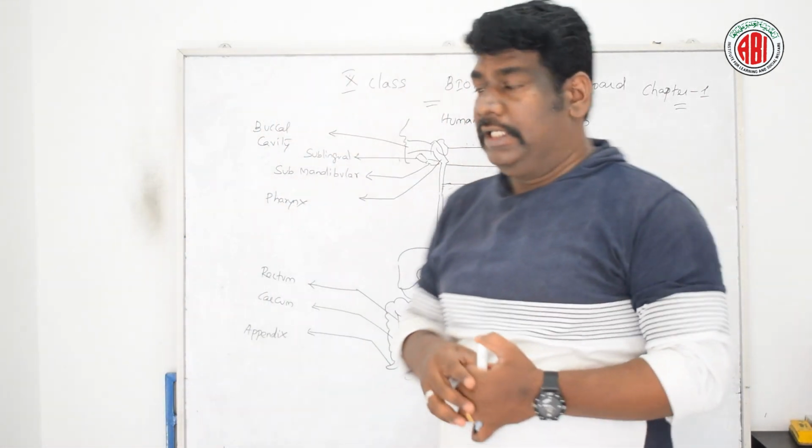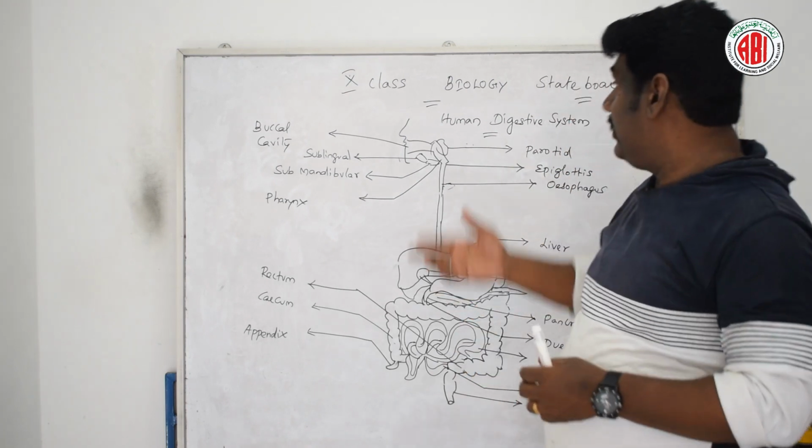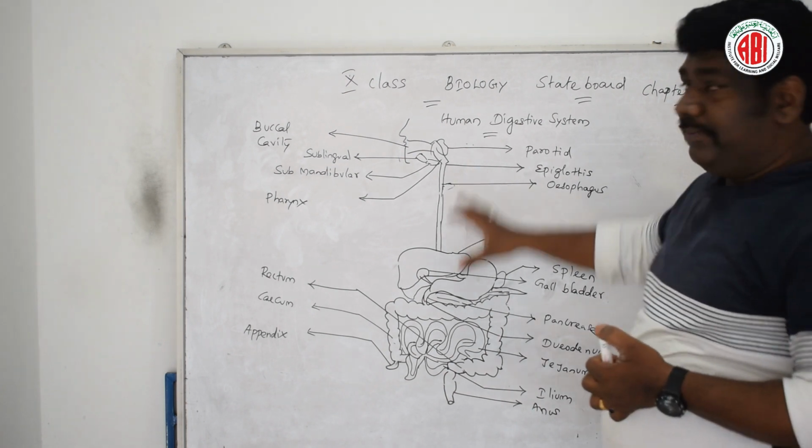Okay, so now we are going to discuss chapter 1's next diagram, that is the human digestive system. It's a very simple diagram.